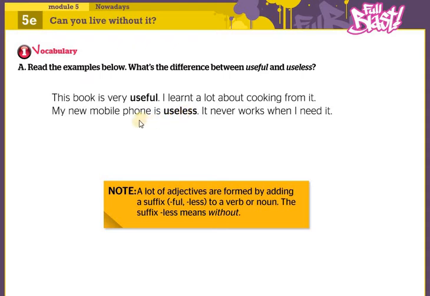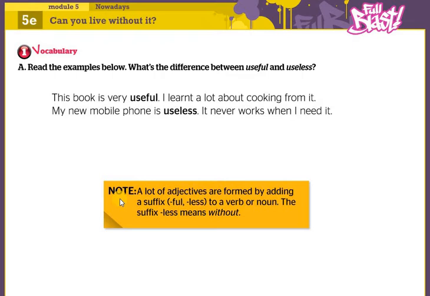Phone is useless, book is useful, right? Use. But when we add this kind of word that we call a suffix, like full, it has a very new meaning.